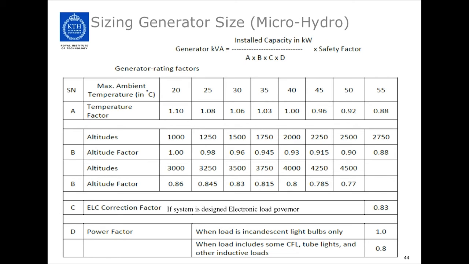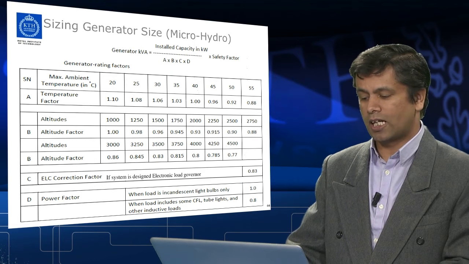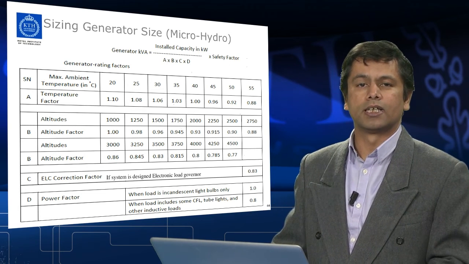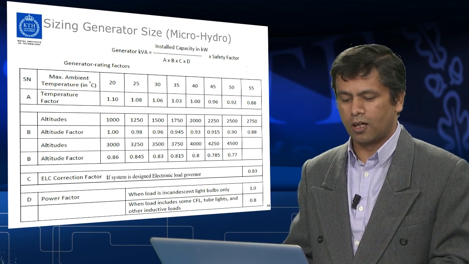You also need to understand that these generators are affected by the working ambient temperature and the altitude factor, in which altitude you are going to operate, especially in hilly and mountainous regions. This can have an adverse impact, so you need to consider this altitude factor.